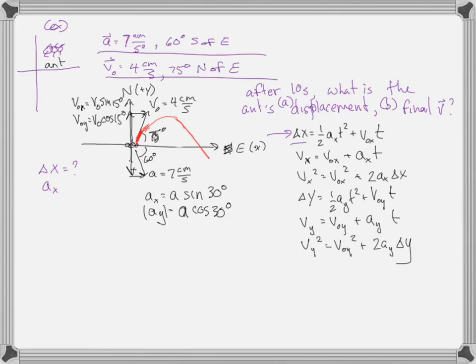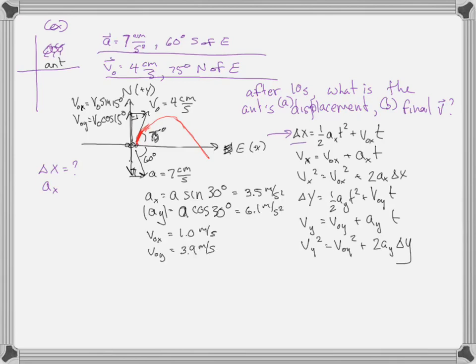Both of those are going to end up being positive. This is just the geometry of the right triangle. I'm not going to do it out for you any more than that. You can figure out the x and y components from the two right triangles that we drew on the graph.